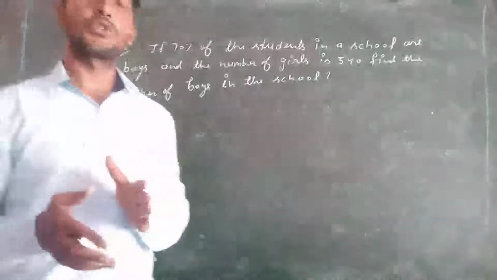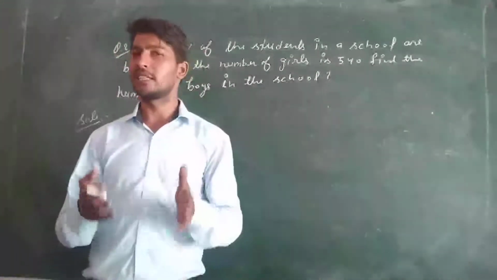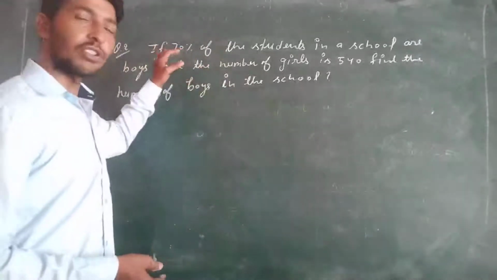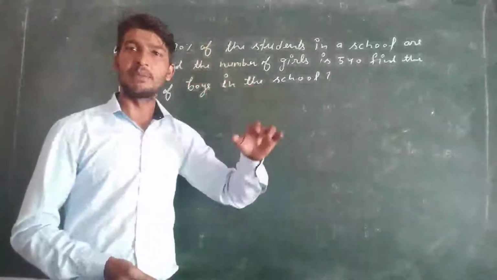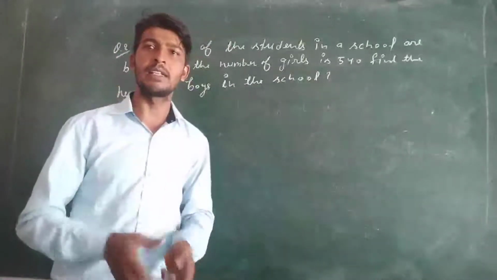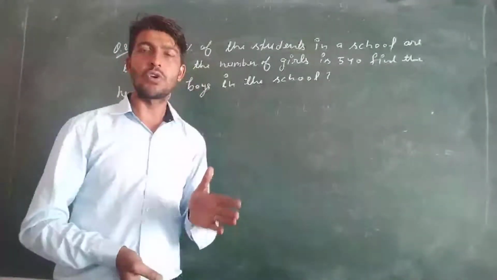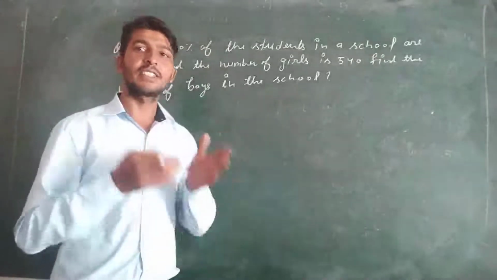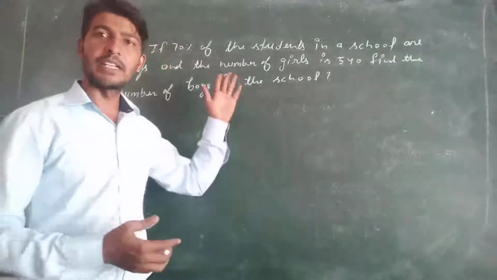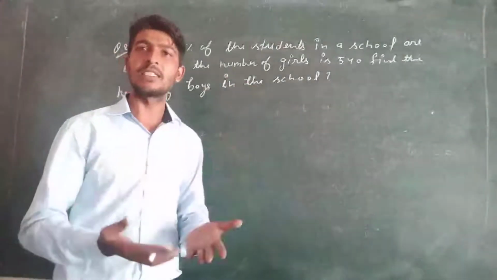So my dear students, if the total strength percentage is 100%, so clearly he has given us the strength of boys in terms of percentage, that is 70%. So one thing is very clear, that the percentage of girls is 30%, because out of 100, 70% are boys. Then how much is the girls percentage?